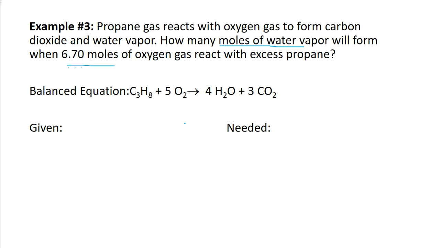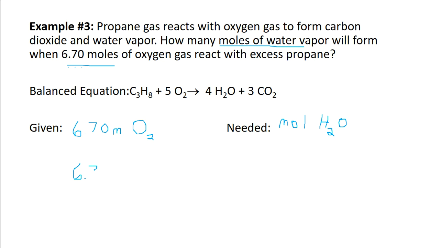So let's start here. We're given 6.70 moles, and I apologize that this won't look pretty. And we need moles of water. To do that, we're going to start with 6.70 moles of oxygen, O2.